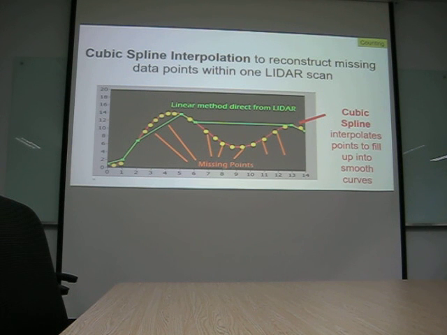So that's why I told you all before, it's cross domain. When a computer vision guy who doesn't understand numerical methods just uses a standard algorithm, he cannot solve it. This is called cubic spline. But for the missing points, because of non-reflection, you just cannot get back your data.